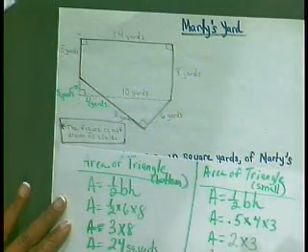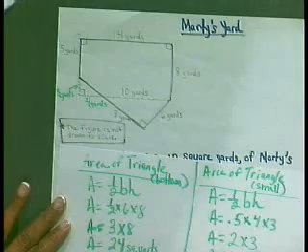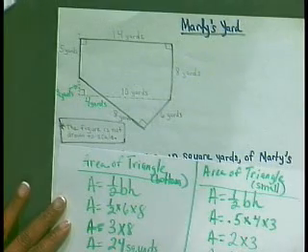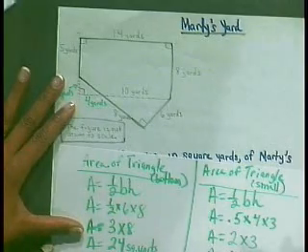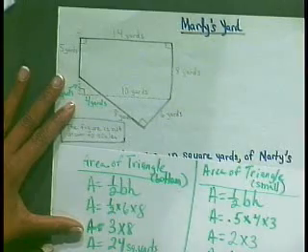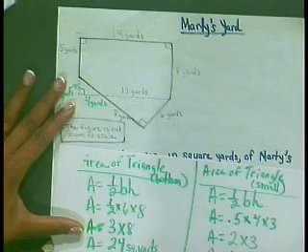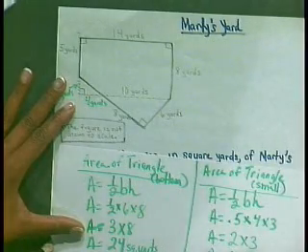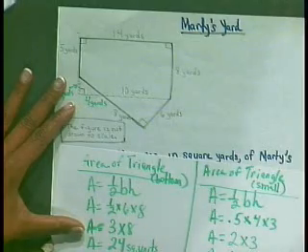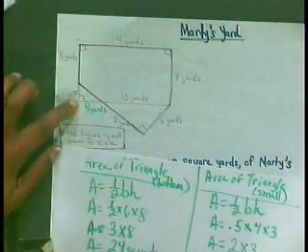Total area is the area of the bottom, 24, plus the area of the rectangle plus the area of the small triangle. So 24 plus 112 plus 6, and we get 142 square units.